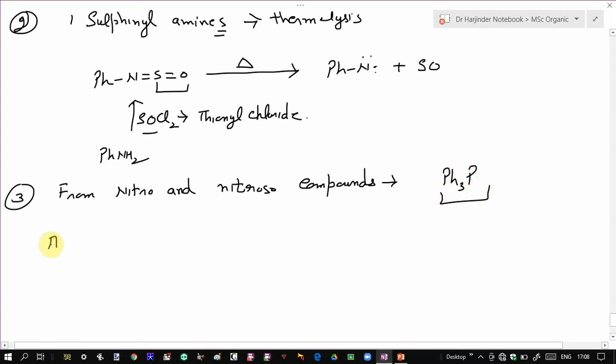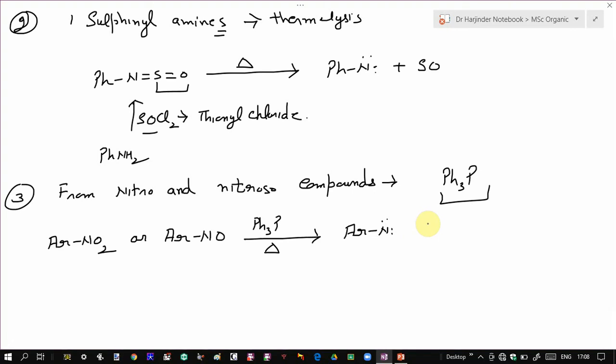For example, if you have a nitro compound or nitroso compound, and you heat these molecules in presence of triphenyl phosphine, deoxygenation takes place to give rise to a corresponding nitrene, plus loss of triphenyl phosphine oxide.